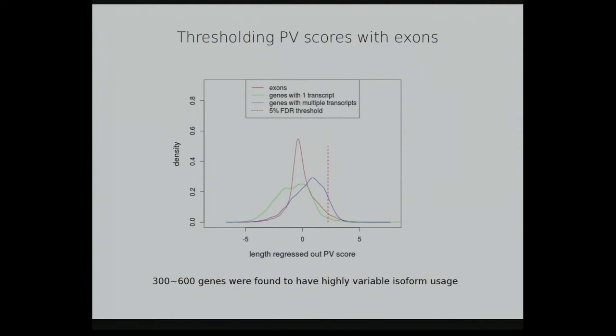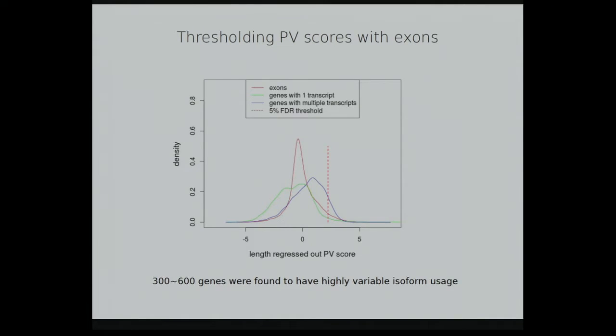So this led us to plot the distribution of the profile variation scores of exons, which is shown in red here. And I'm just keeping the green and blue curves from the previous plot.